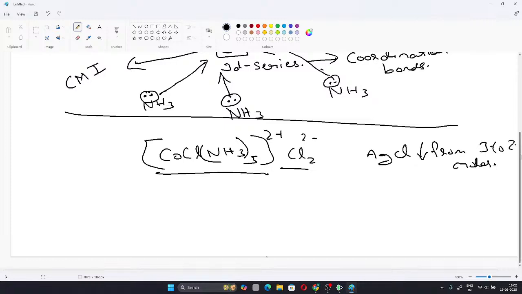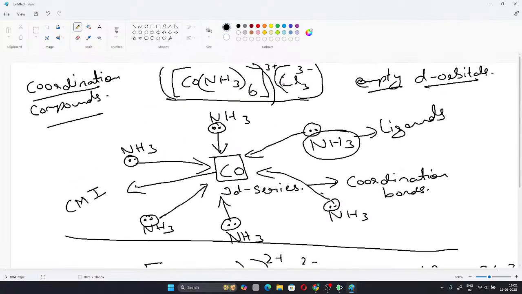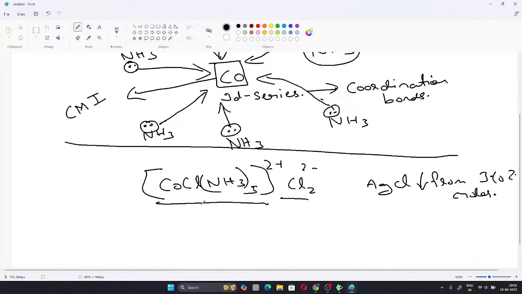Here as well, if you see in this case, the number of atoms and molecules surrounding cobalt is 6. Here as well, including Cl, 1 plus 5, the total number surrounding the central metal ion is 6.